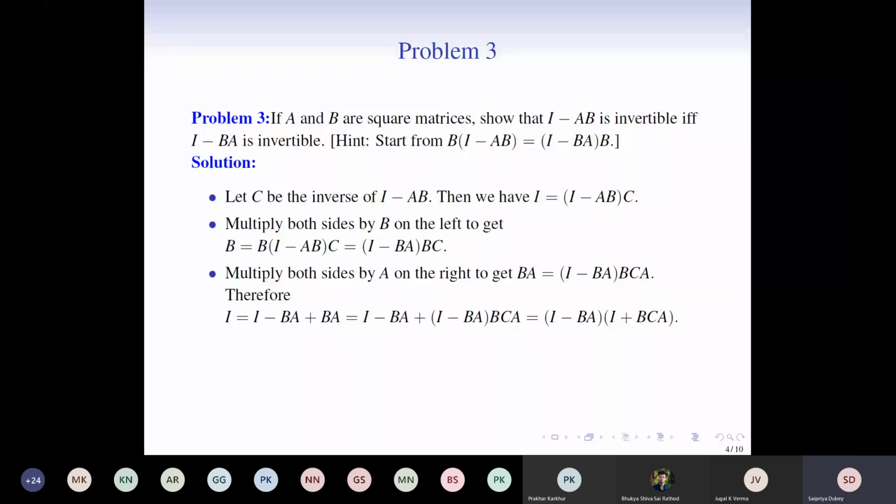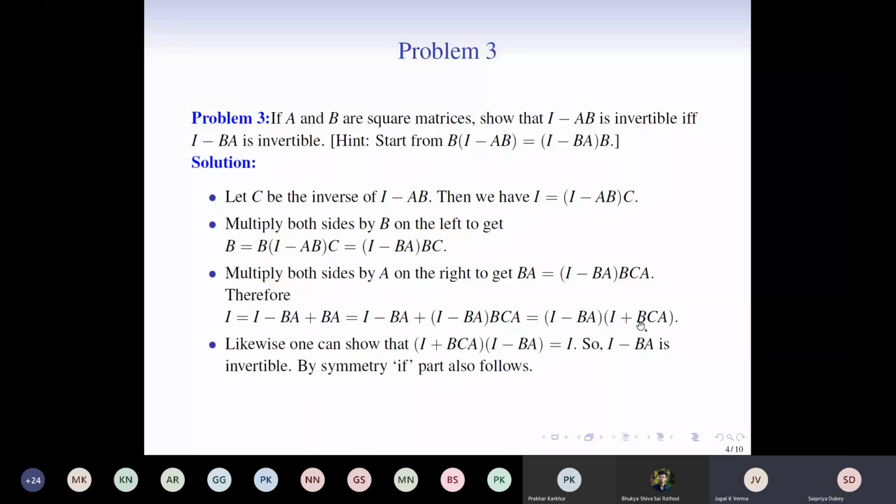When you don't know what is happening with those two matrices, it is better to not assume it. For example, if AB is equal to BA, the same proof holds, but at the start, if AB equals BA, then this statement itself is trivial. So we have this is equal to identity.